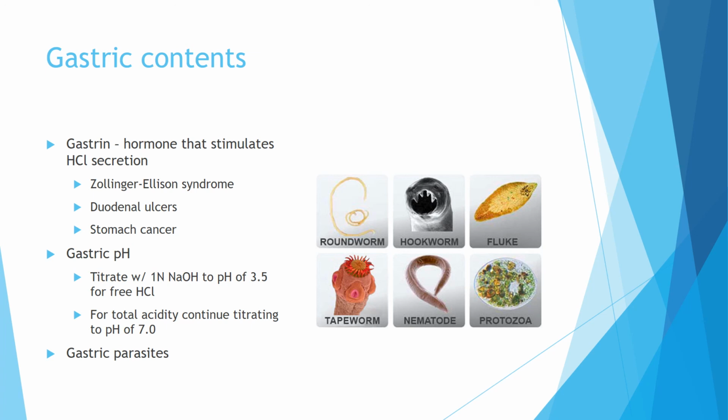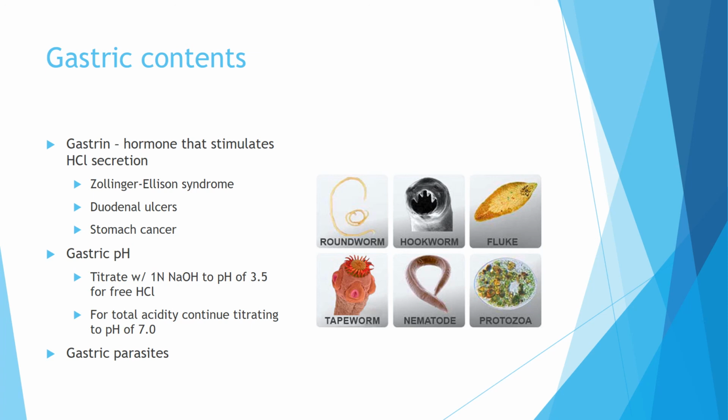Even easier than trying to get the gastric contents, we can do a plasma gastrin level. It actually works out pretty well. Very high levels of plasma gastrin are usually diagnostic of Zollinger-Ellison syndrome, and a very high level would be anything over 1,000 picograms per milliliter.